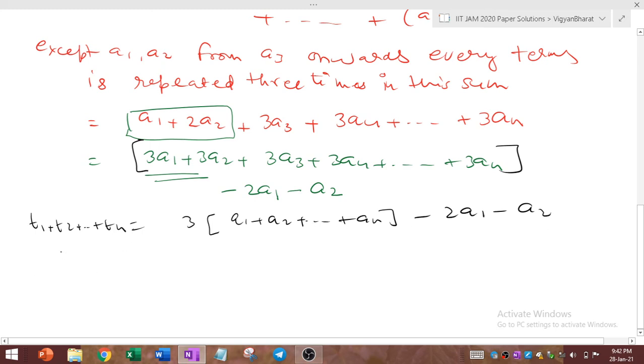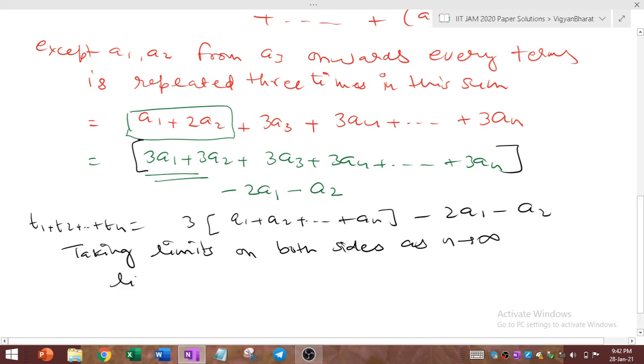Now if I take the limits on both sides as n tends to infinity, what are we going to get?